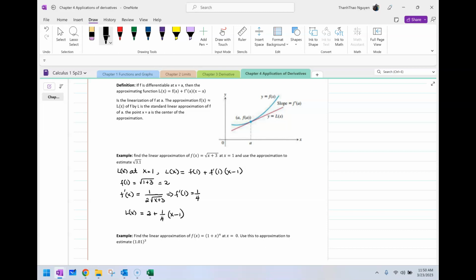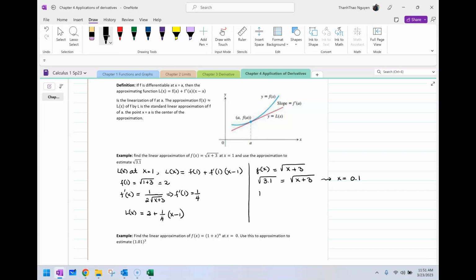Now we want to estimate the square root of 3.1. We know that f of x is equal to the square root of x plus 3. So if we want to estimate the square root of 3.1, then 3.1 equals x plus 3. This tells us x equals 0.1.